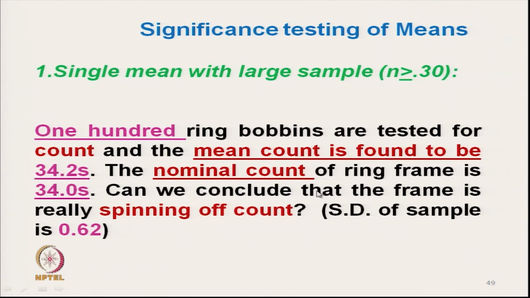The nominal count of the ring frame is 34.0. Can we conclude that the frame is really spinning off count? The standard deviation of the sample is given as 0.62.